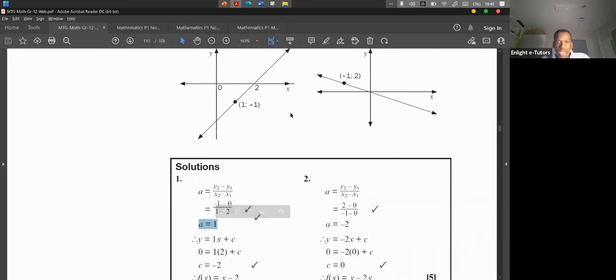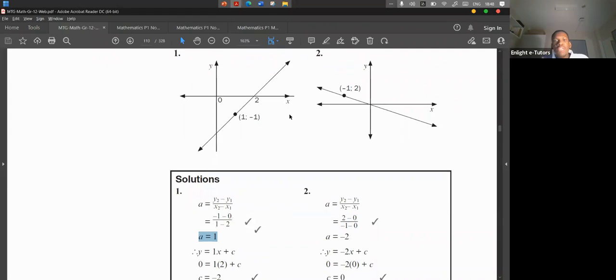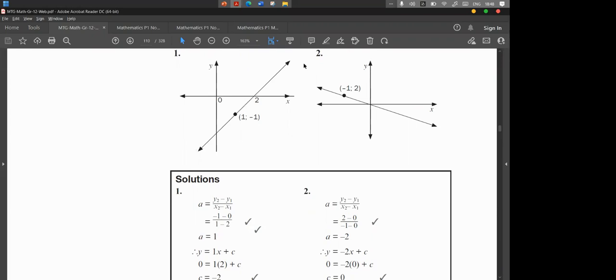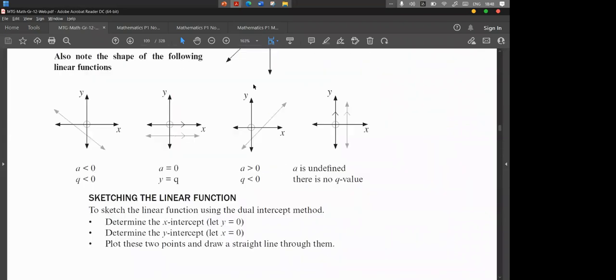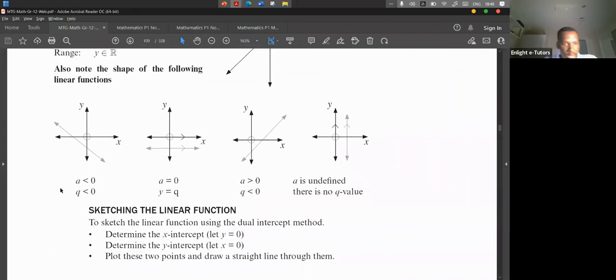One thing I must tell you is that if your gradient is positive, it means your graph is going to go this way. Oh, right. Okay. You see, this one is facing this direction. Let me just, I want a pen actually.